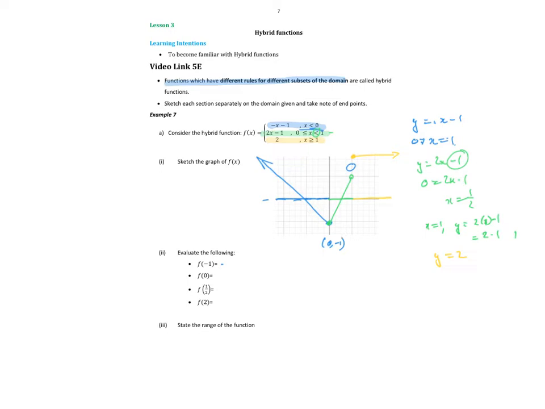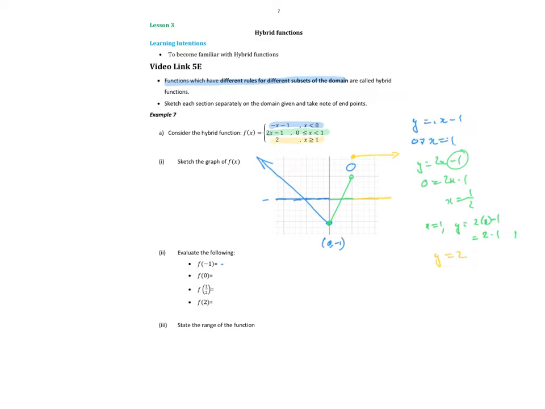The important thing is, let's evaluate the function. So f of -1 means put x equal to -1 and work out the rule for the function. The first thing we do is go to our hybrid function and make a decision. I'm going to recolour those in again. We make a decision on which of these graphs are defined for the value that we're interested in.